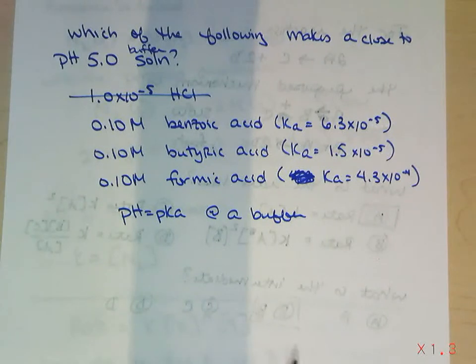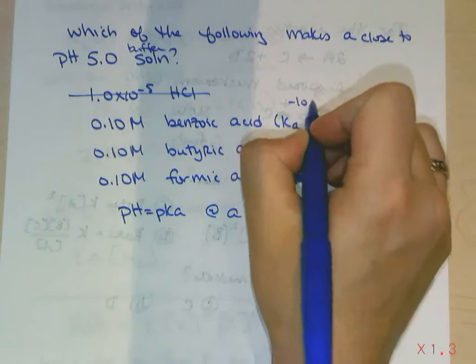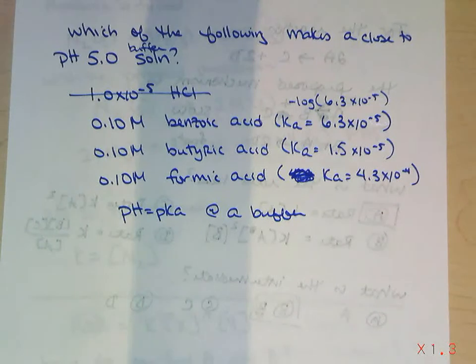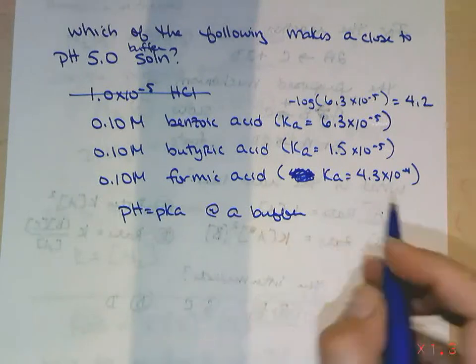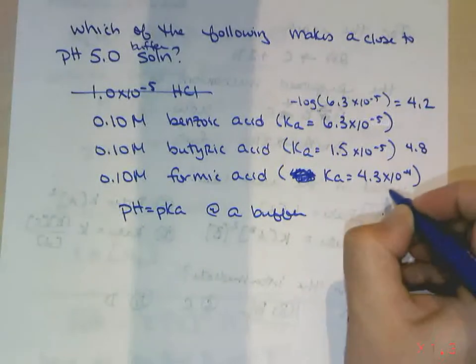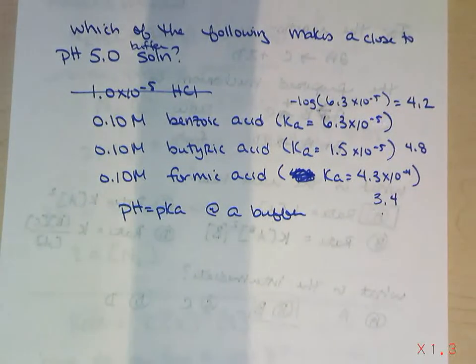So if we did that, which one of those would be the best choice to make this pH 5 solution? Butyric acid.